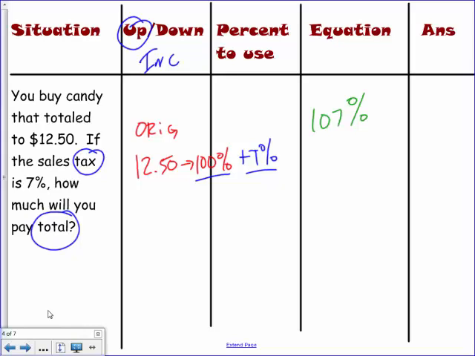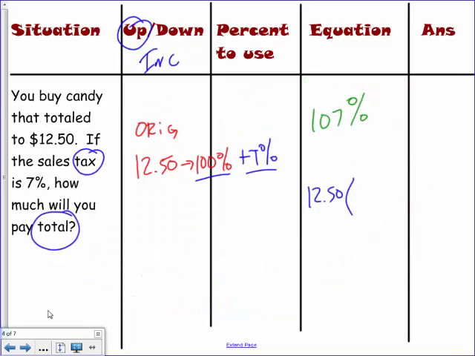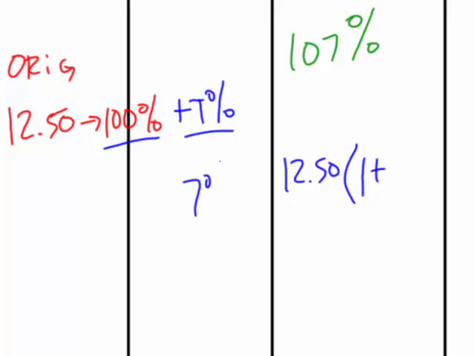So it's kind of the opposite of just what we talked about. So I have my 12.5. So I'm going to bring it over here, 12.50 times, right, finding a percent of a number. Well, instead of doing that 0.07, remember just like the last slide, we had 1 minus 0.2. Well, now we can say 1 plus what? What is that 7% as a decimal again?